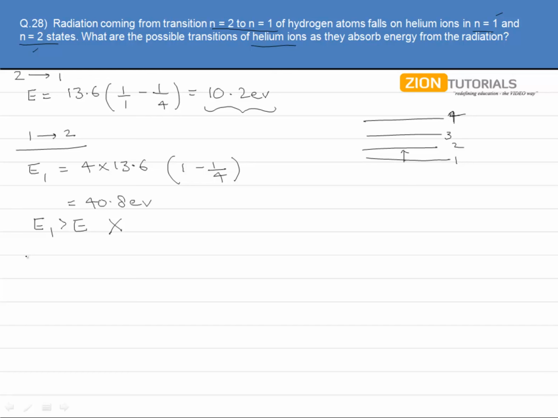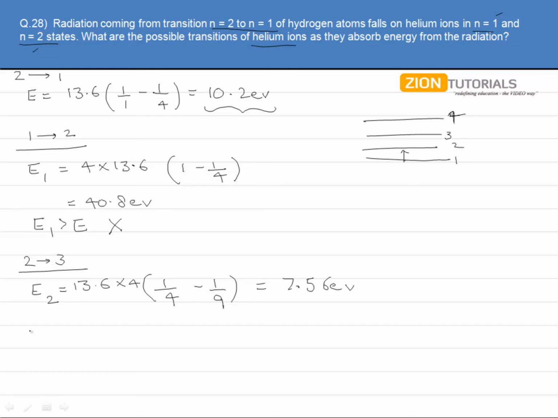Now let us look at the transitions from 2. We can have the minimum transition of 2 to 3. If we mark that as energy E2, then we can find it as 13.6 into 4 into 1 by 4 minus 1 by 9, giving us 7.56 electron volts, which is less than E. Then this means that there is still a possibility of second state being included.